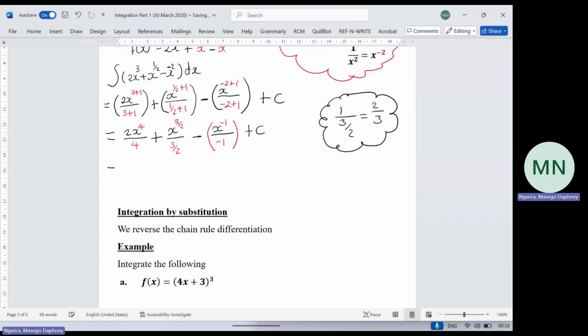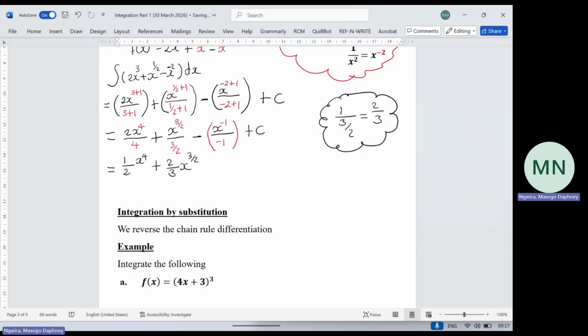So I'm going to have 2 divided by 4, which is going to be 1 over 2, and this is x to the power of 4. It's at the top or next to 1, it's up to you where you write it. Then this is plus 2 over 3, x to the power of 3 over 2. Even if you write it at the top, it's still correct.